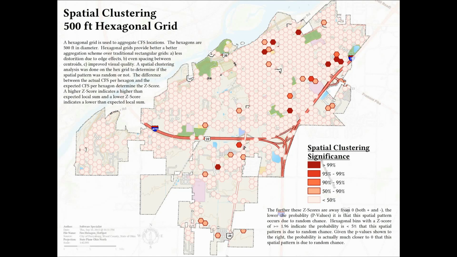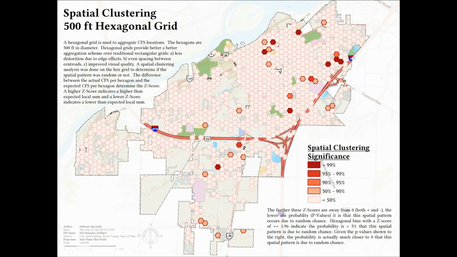And so after we aggregated the data and ran the spatial statistics models, we got back these results that indicated these locations of spatial clustering with these different significance values. So basically, we got z-scores, right? And those z-scores have corresponding p-values, right? And so just like normal statistics, the darker the red in the hexagon indicates a very, very low p-value.